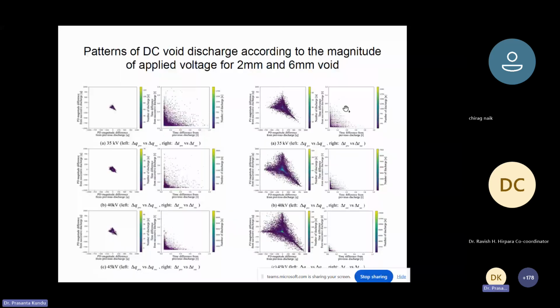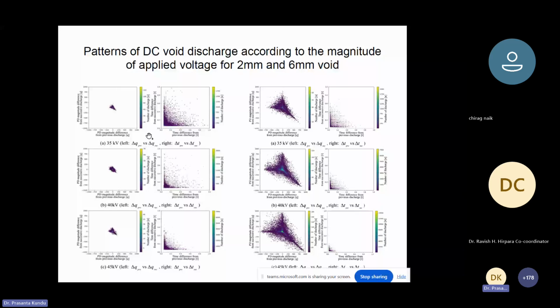So this is a typical PSA diagram for an HVDC cable with a void, depending on the applied voltage and the size of the void. If you apply a voltage, this is the delta Q pre and successive; by plotting it you will get one case.